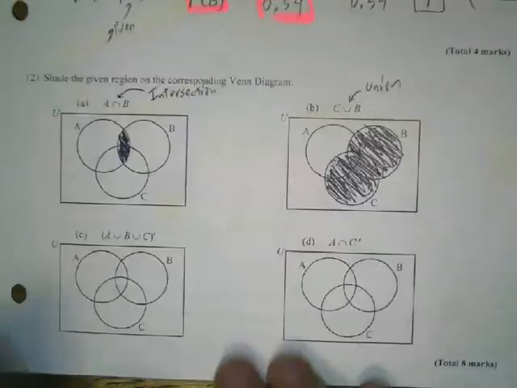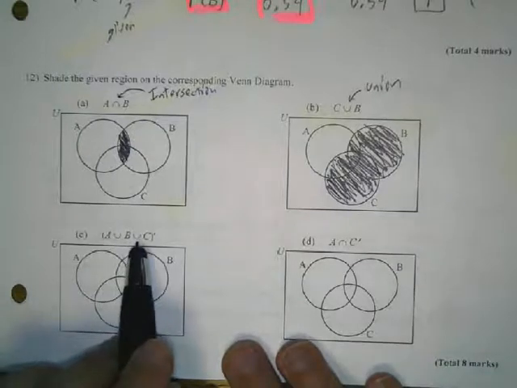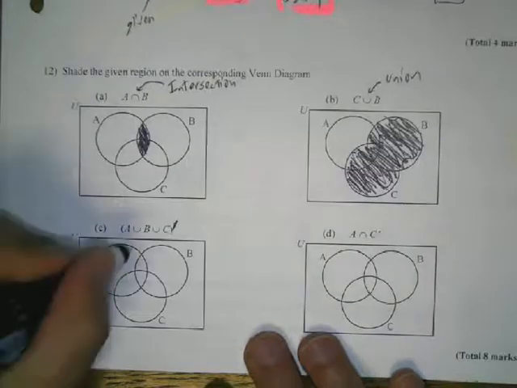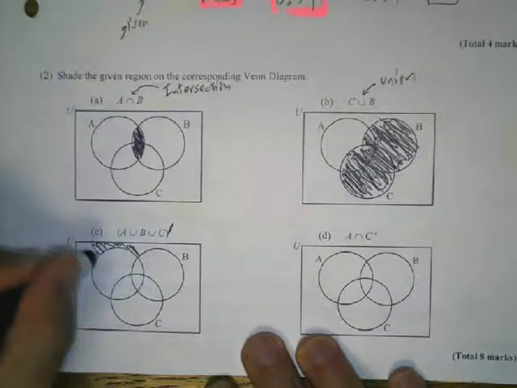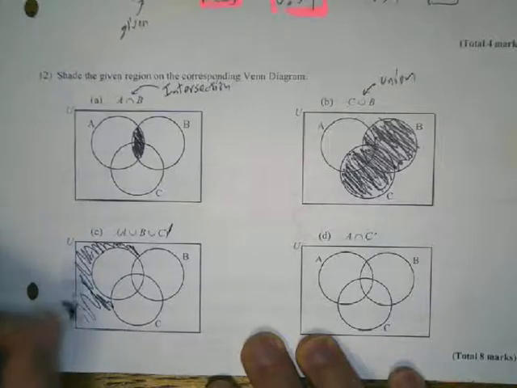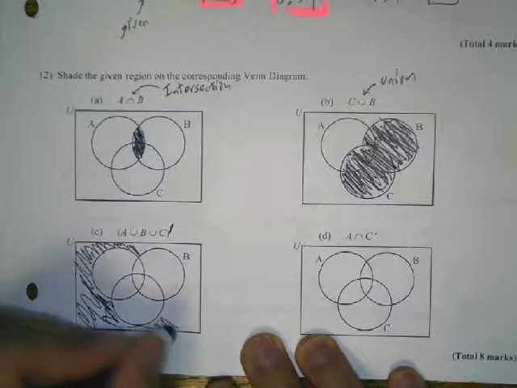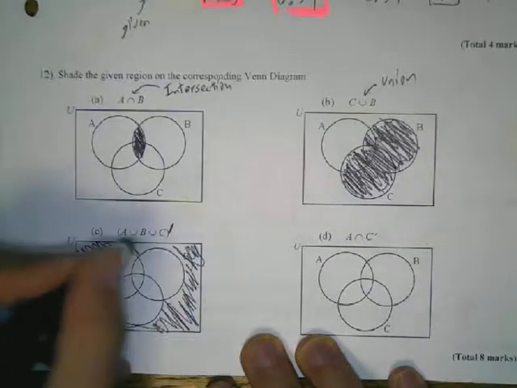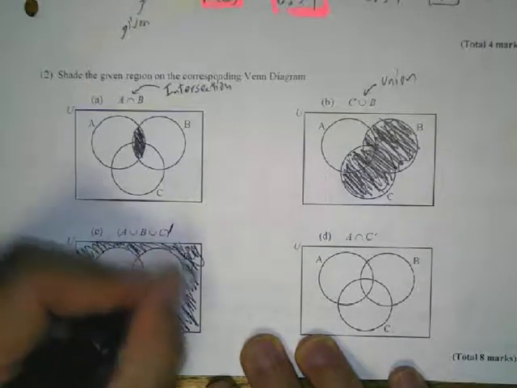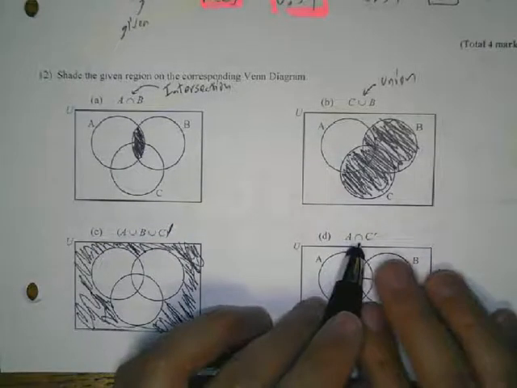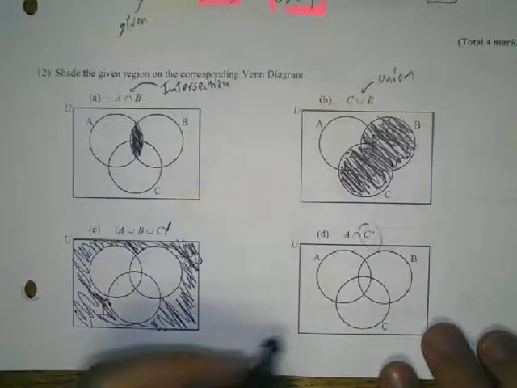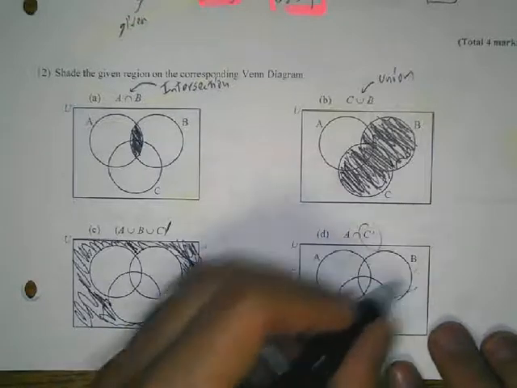Okay, A union B union C, but prime. That means everything outside of those circles. Okay, last one. A intersection C prime. So C prime means everything not in C, right?